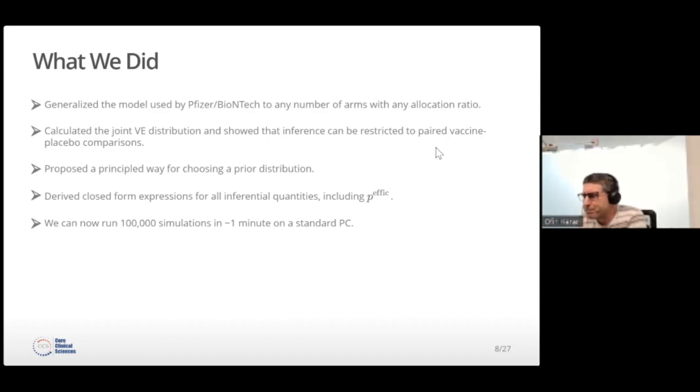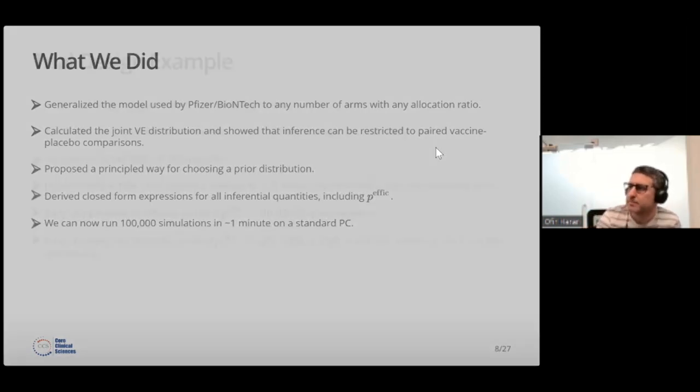The reason why I keep stressing this point is that in order to evaluate the design's operating characteristics, we need to run a large number of simulations, and the rule of thumb at the FDA is 100,000, because that's when the Monte Carlo error becomes really small, and we can take those estimates as is, as if those are the actual probabilities. And we'll get back to that.